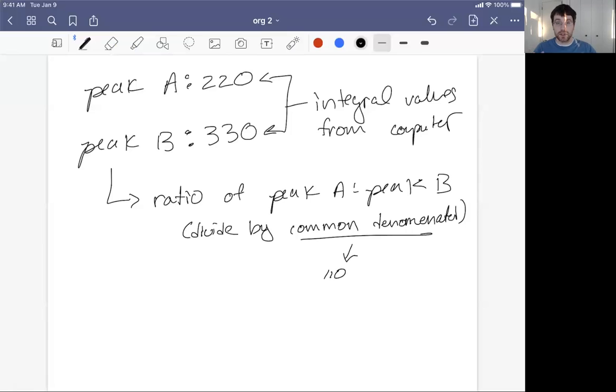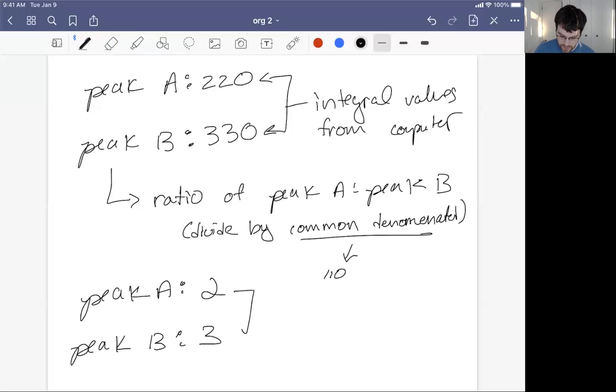You don't need to know how to do this. I'm just trying to show you some experimental data, just to emphasize the computer doesn't know chemistry. Okay, so if we divide both of them by 110, we could say that peak A has an area of 2 relative to peak B, which is 3. This is now the useful number.